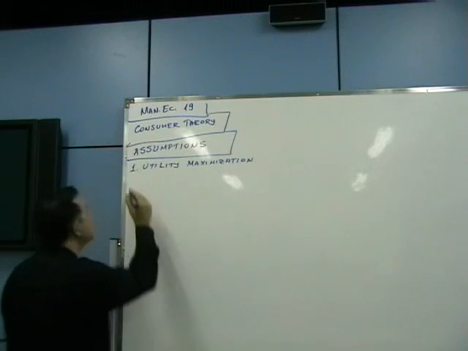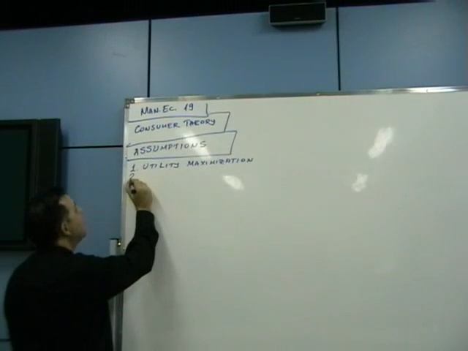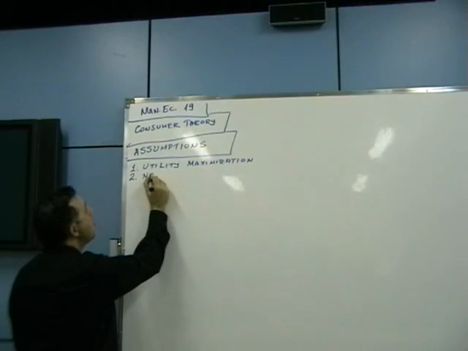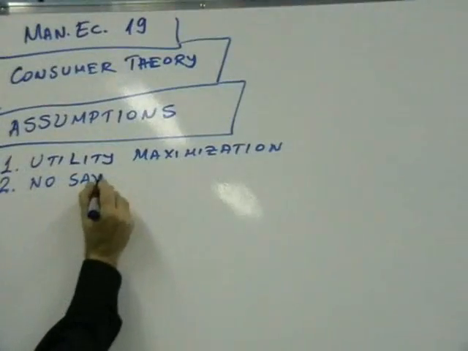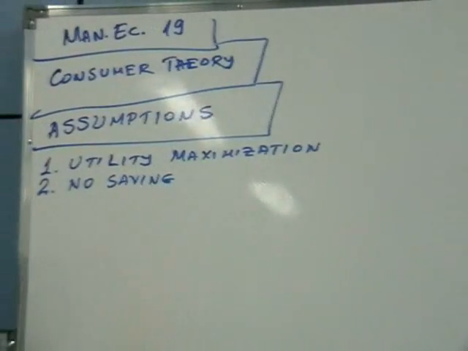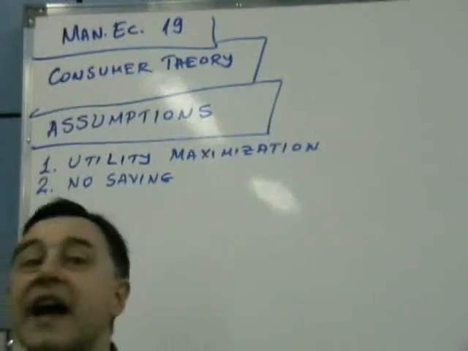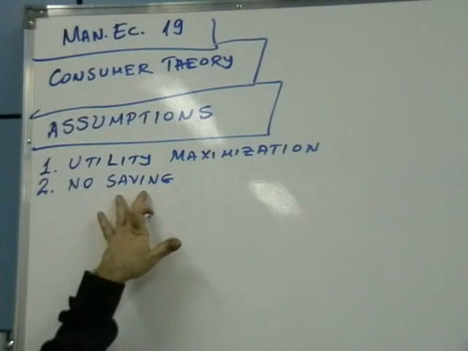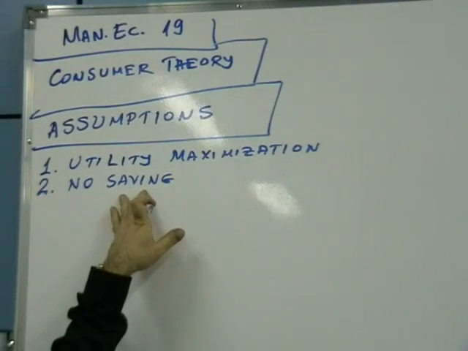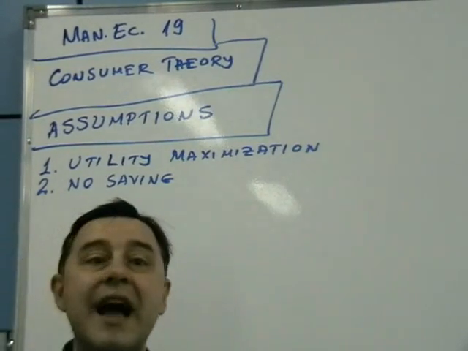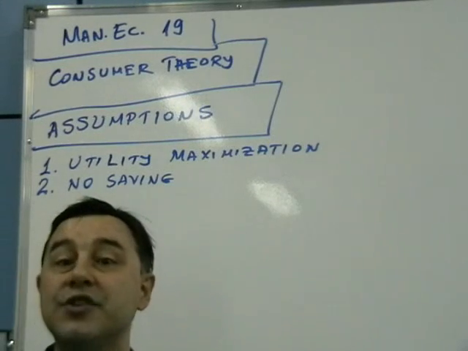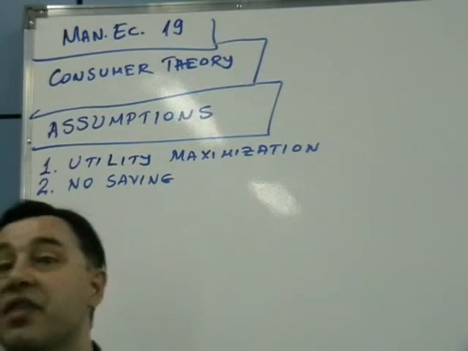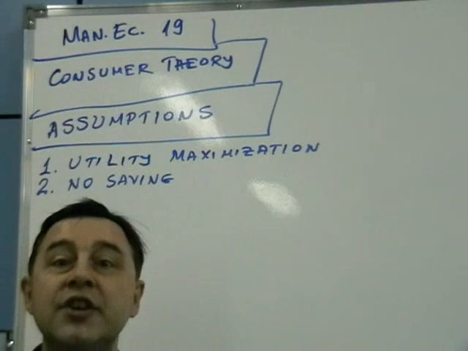The second assumption is fairly straightforward. No saving is allowed. Turns out that we can derive the complete theory by not allowing any savings. When we allow savings, it turns out that the complete consumer theory does not change.